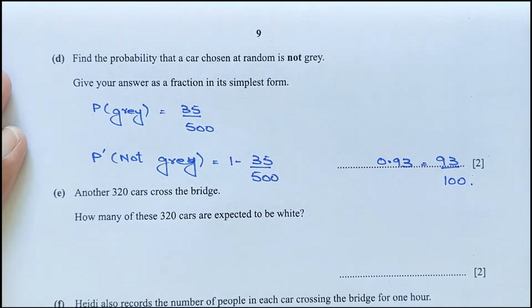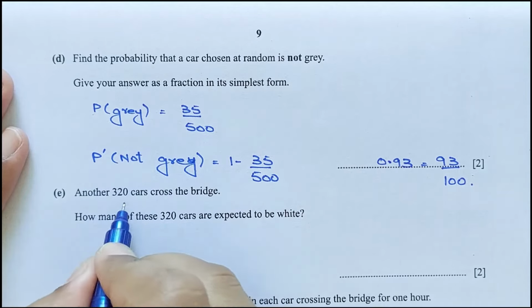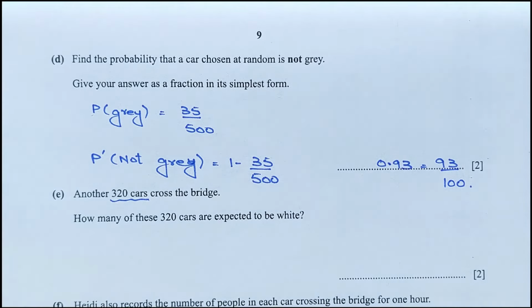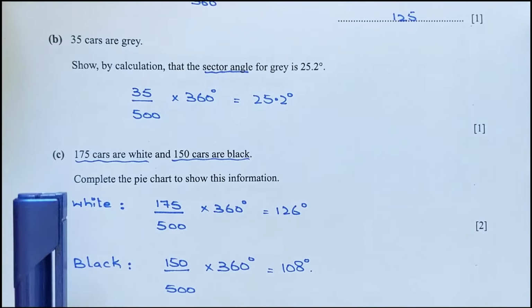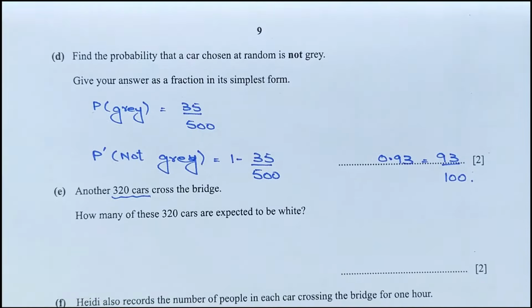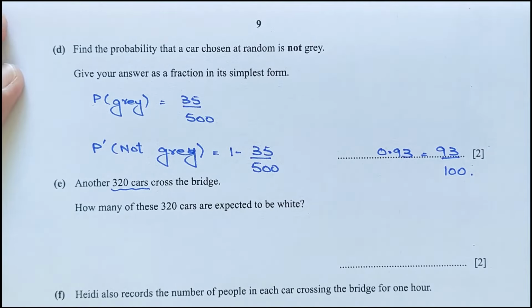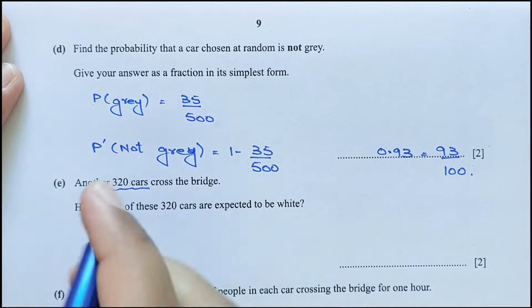Part E, another 320 cards cross the bridge. How many of these 320 cards are expected to be white? So for white, 175 cards are white, we have been given.